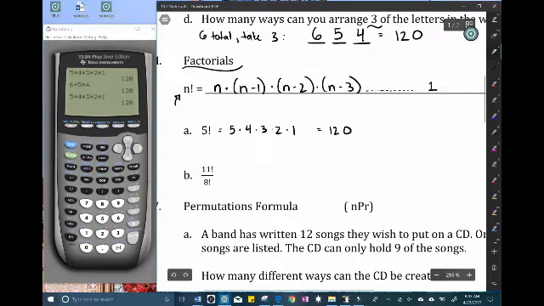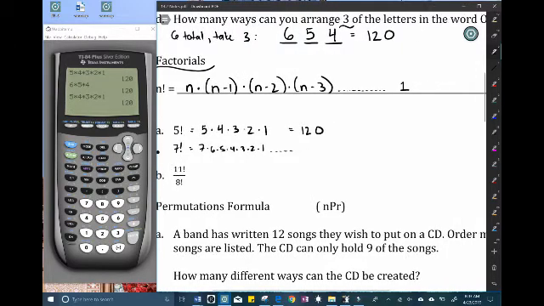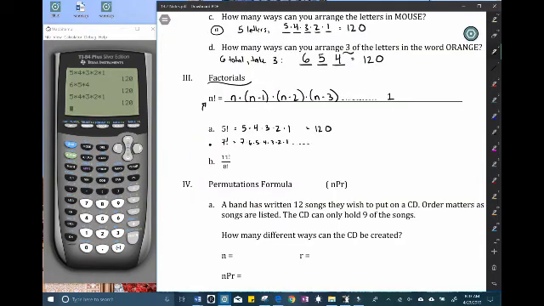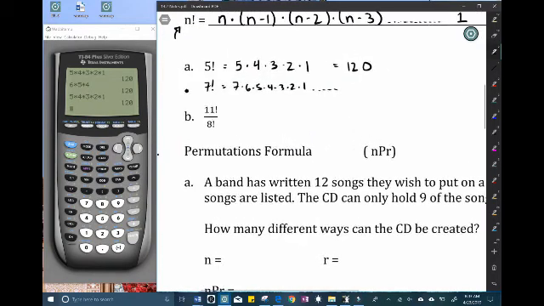Another little example here: if you had 7 factorial, that's just 7 times 6 times 5 times 4 times 3 times 2 times 1. These numbers get big, fast. If you had 20 factorial, you'd write all those out. But it's not too bad.